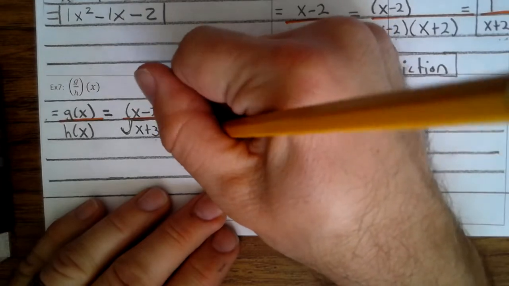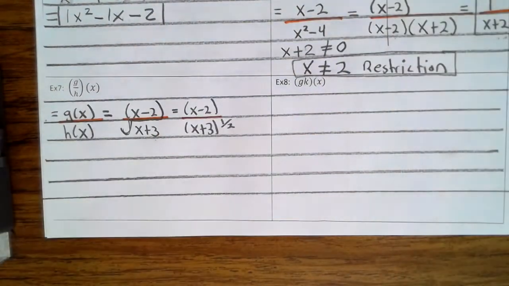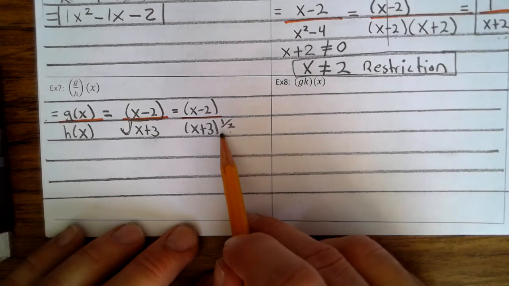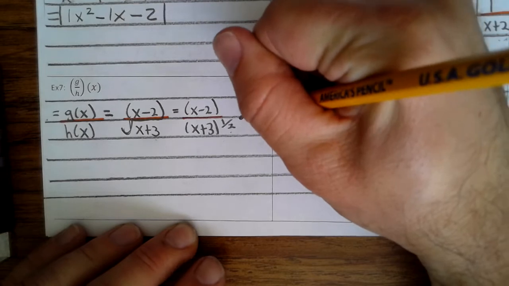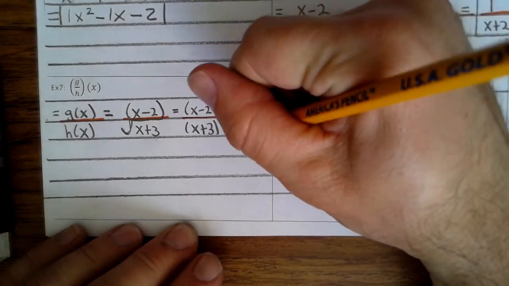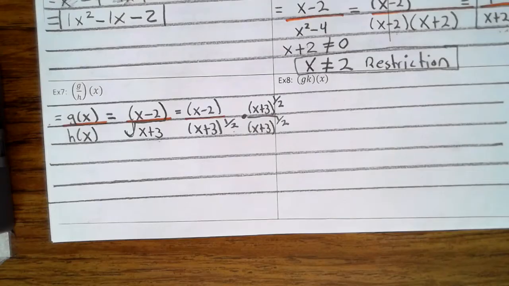Okay, but there's a problem: you can't have this in the denominator. So what we need to do is multiply the numerator and denominator by x plus 3 to the 1/2 power. And we can do that because anything divided by itself is 1.